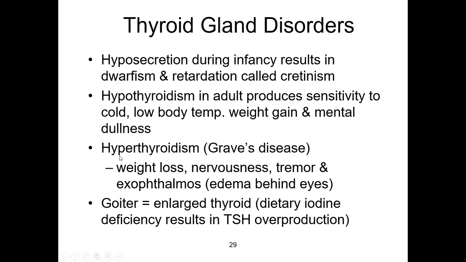Overproduction of thyroid hormone, hyperthyroidism, will lead to weight loss, tremors, nervousness, and an unusual consequence: adipose tissue will expand behind the eyeballs and push the eyeballs anteriorly. A good deal of the sclera is visible all around, under the eyelids, and this appearance is called Graves' disease. So this is a consequence of hypersecretion of thyroid hormone.